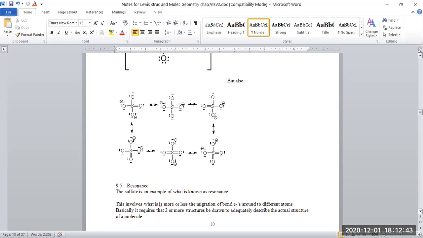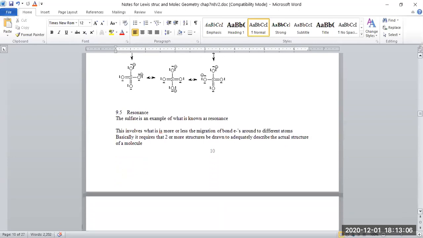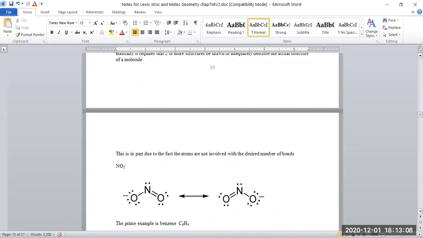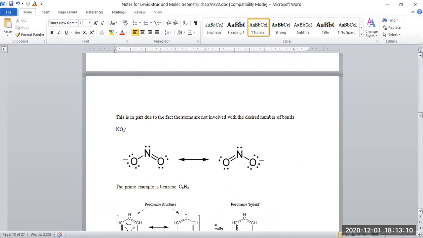This is why many polyatomics are made so much more stable because of the resonance issues. Resonance always implies that there's at least 2 options for what you're drawing.